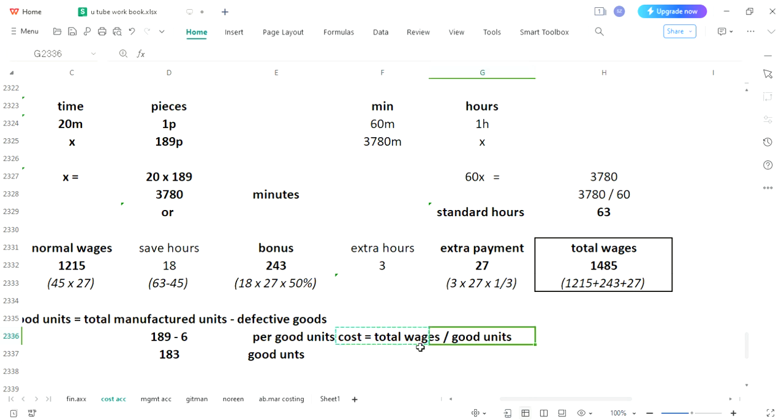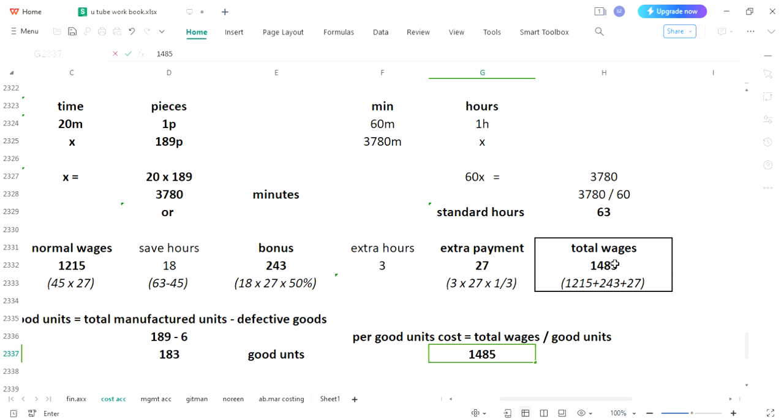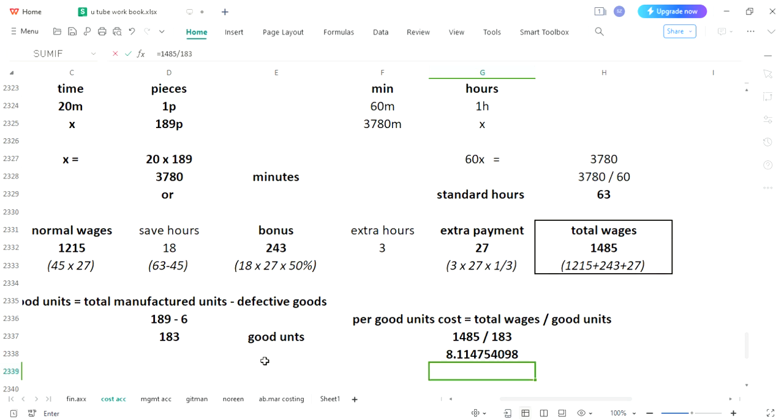The formula has been completed. Now let's put in the amounts. Total wages calculated 1485, and you need to divide by good units, 183. Now let's calculate 1485 divided by 183 units. So 8.11 is your answer.